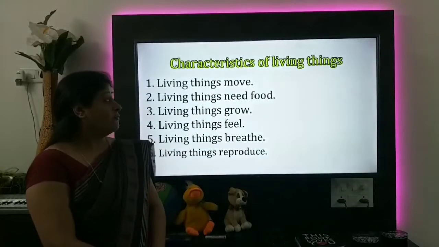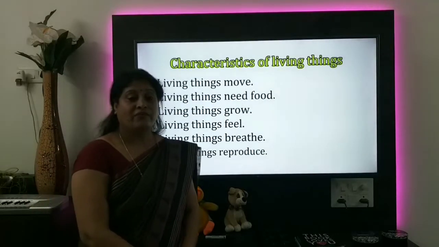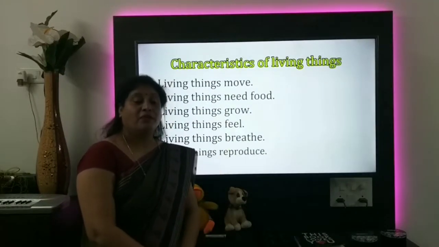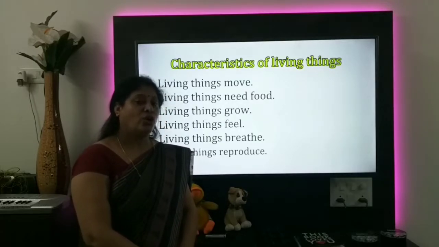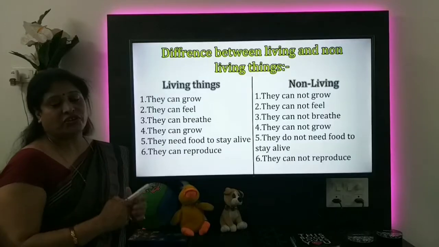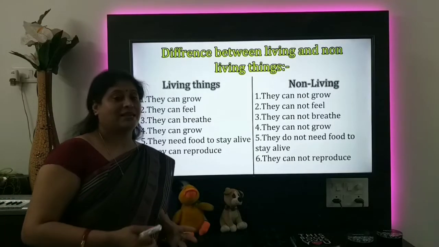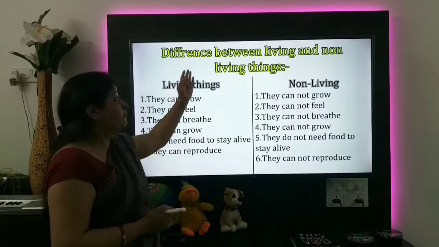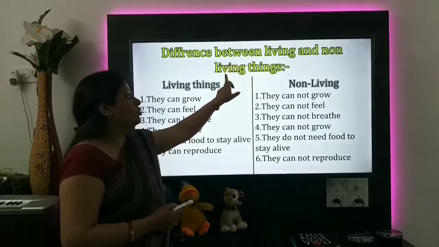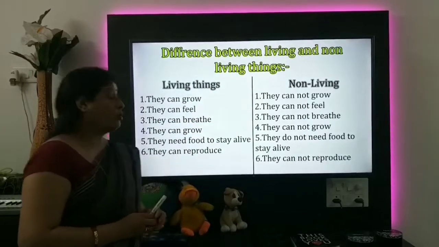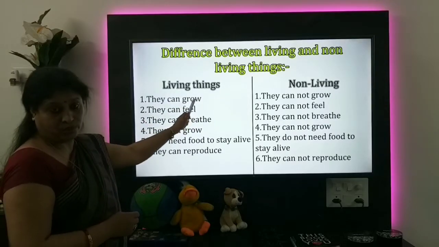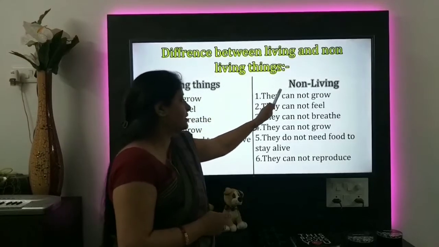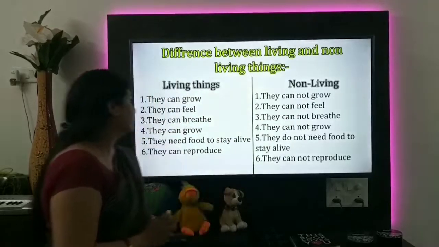Now children, we are going to revise our chapter with the help of the difference between living and non-living things. So first, living things. They can grow. Non-living things, they cannot grow.